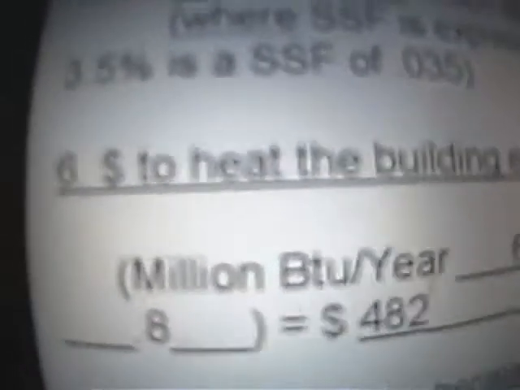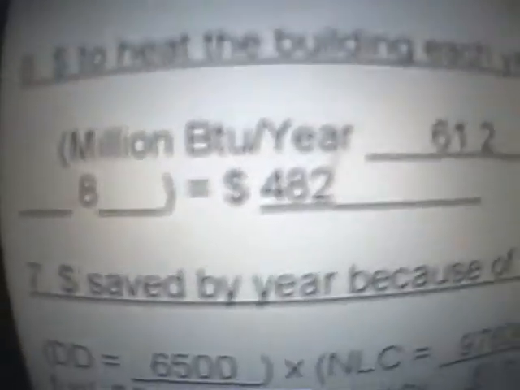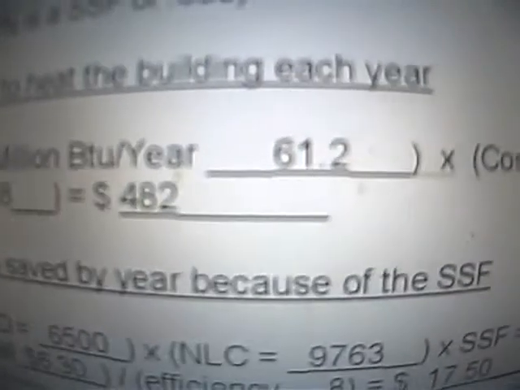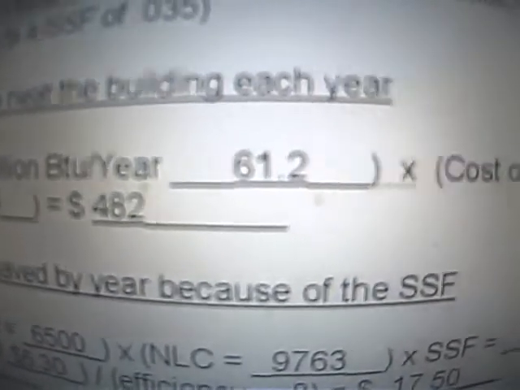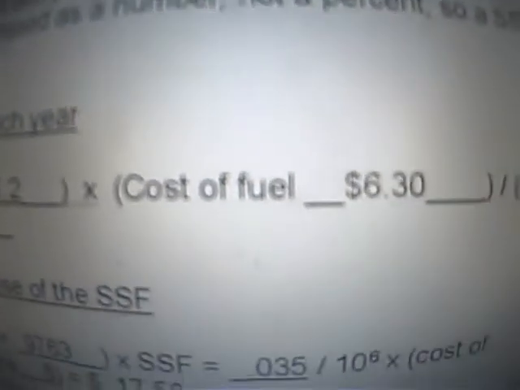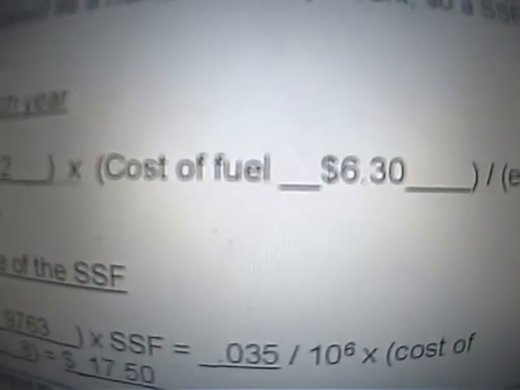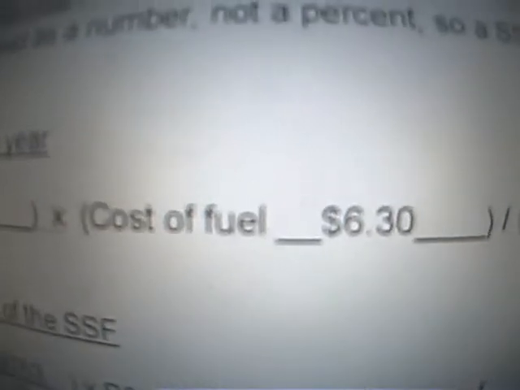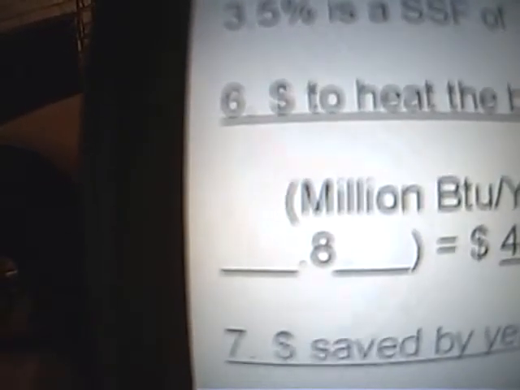Then we've got what's it going to cost to heat the building each year. So we start with the millions of BTUs that are going to be needed each year, 61.2, we just calculated that, times the cost of the fuel that was given to you, $6.30 per million BTU, and because we're in millions, that's fine to leave it as $6.30, and then divide by the efficiency of the furnace, which is given to us as 80%, also known as 0.8.